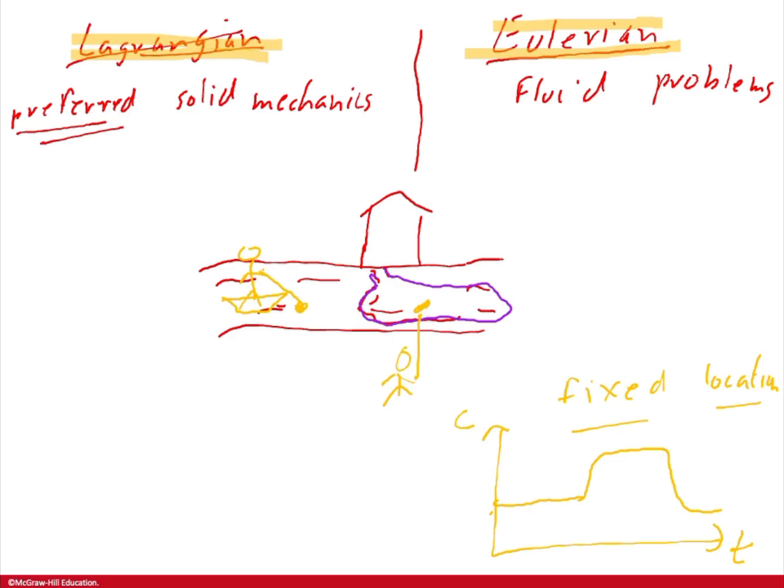But since it's a boat that is floating, moving with the current, if you're measuring the concentration data with time of this person on the boat, one of the biggest changes is that since he's moving with the river, his location is not fixed.